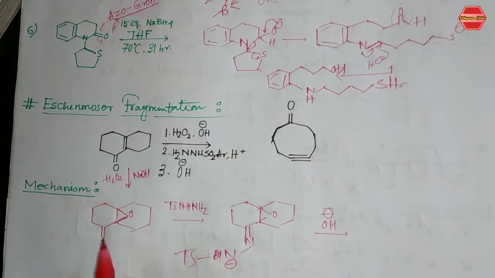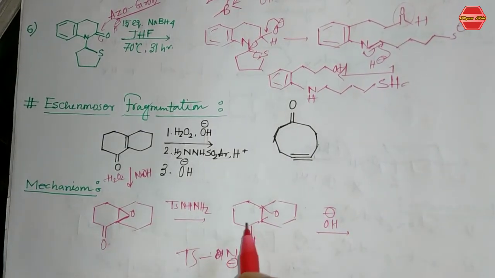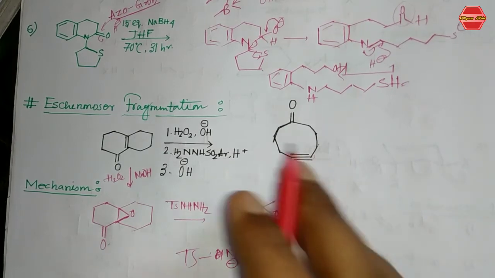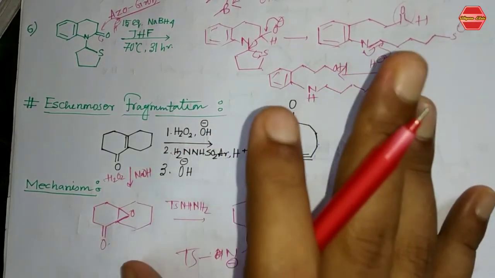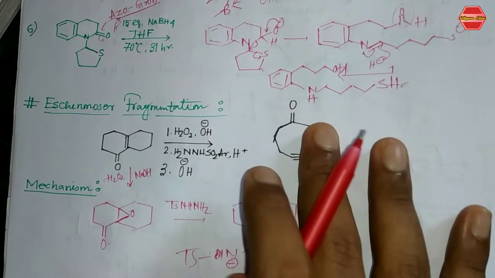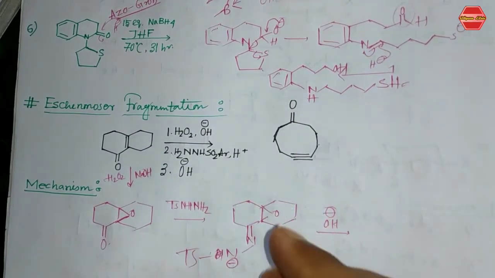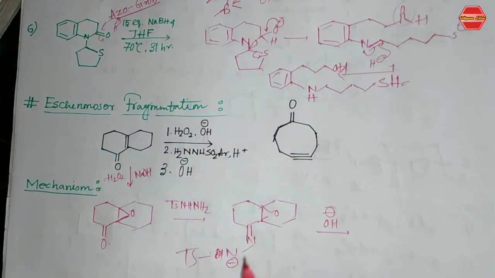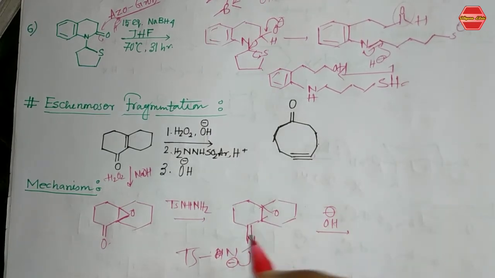And how you are getting from this one to that one, that is hydrazone, how we can get it, I already made a video on that topic, so you can go over there and check that video also. That is why I have not written it over here. So now this O minus takes a proton from here, it goes like this.